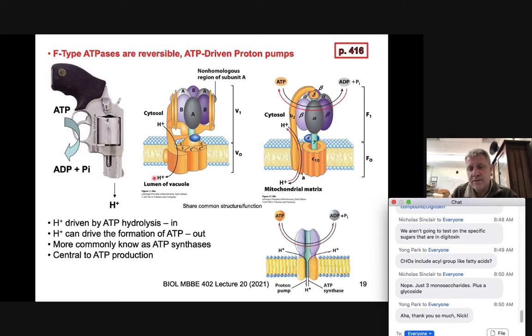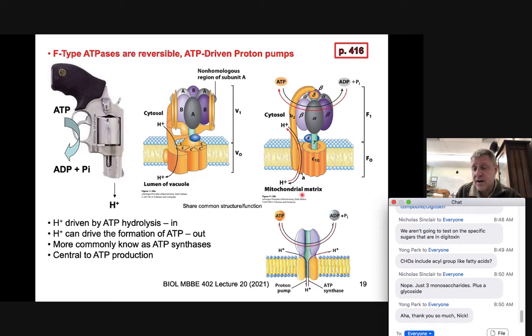So I bring it down to the analogy of using a pistol, in regards to the trigger is the ATP, and what we're seeing is the revolving barrel come through, spitting out the hydrogen ions on one particular side. But in some of the systems, particularly in the mitochondrial F type ATPase, we have a level of reversibility, and we're going to see this become a very important role in making ATP.